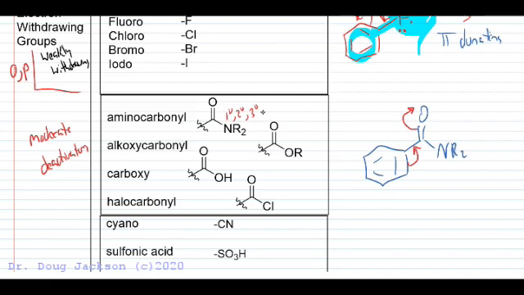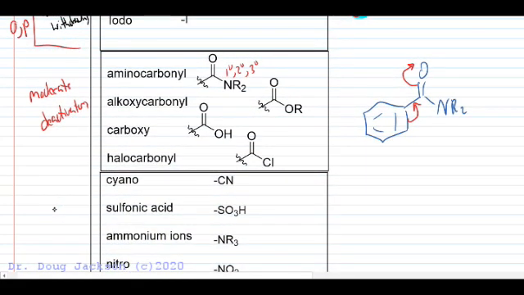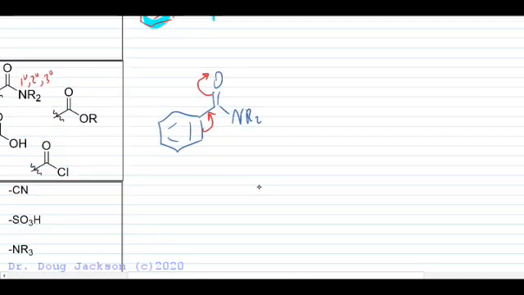So they're moderate deactivators. At this point, though, look at the resonance now. We've changed our pattern to where we're putting positive charge into the ring through the pi system.